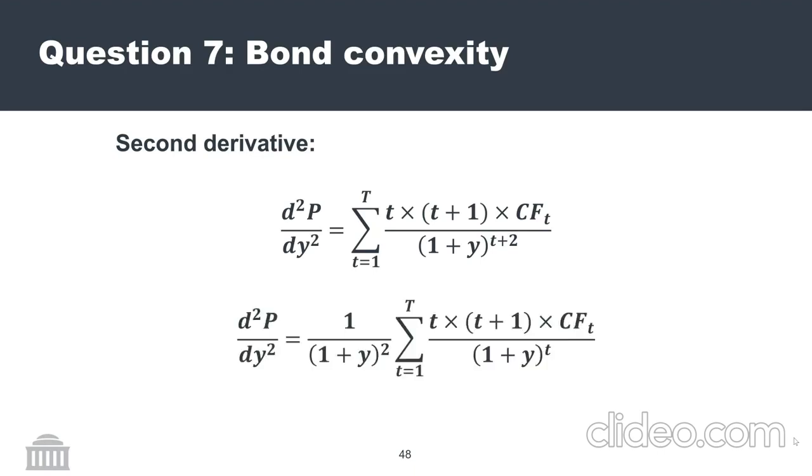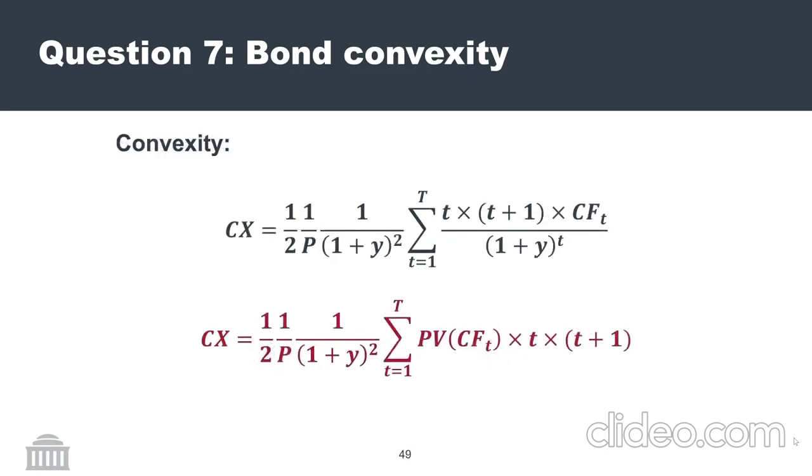I will write it down slightly differently by factoring out 1/(1 plus YTM) squared, so that under the summation sign we will get the following expression. And now I will plug this derivative into the definition of the convexity. And so I'm going to get 1/2 multiplied by the inverse price multiplied by 1/(1 plus yield) squared multiplied by the following sum.